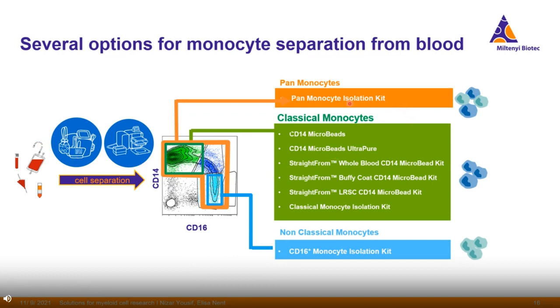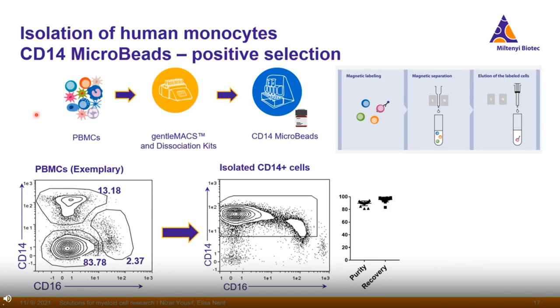Solutions for isolation of pan-monocytes. We have various options for the isolation of classical monocytes and a solution for the isolation of non-classical monocytes. In this slide, you observe the isolation of monocytes from human PBMCs using CD14 MicroBeads, which is a positive selection method.